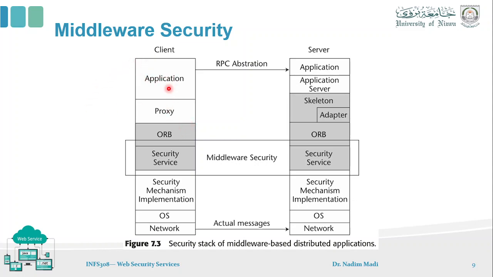Whatever other layers on top and underneath, those will be assistive layers that assist the whole operation of the middleware. What we can say is that the main importance comes to the ORB and security service. Anyway, we're going to discuss all of them one by one in the next slides.